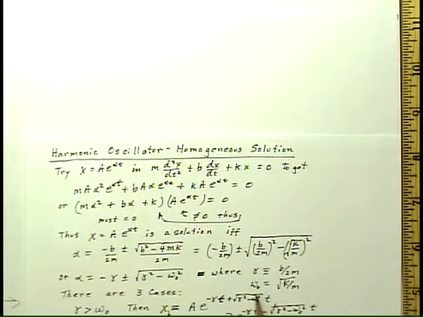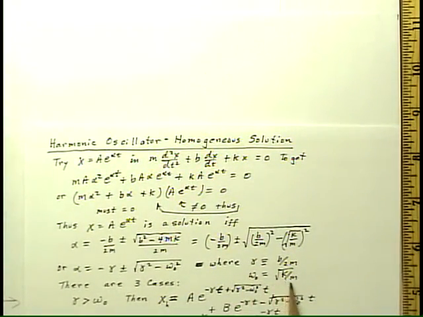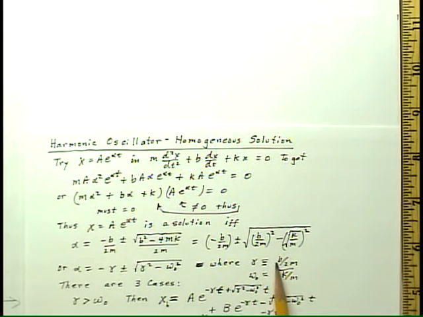Namely, we define omega naught as the square root of k over m, and that will turn out, as you recall from freshman physics, to be the natural frequency of the oscillator if there's no friction present. The term gamma is defined as b over 2m, and with those 2 definitions we can simplify our expression for alpha as minus gamma plus or minus the square root of gamma squared minus omega naught squared.